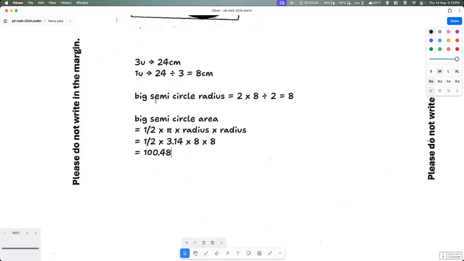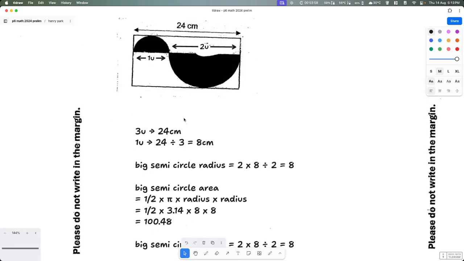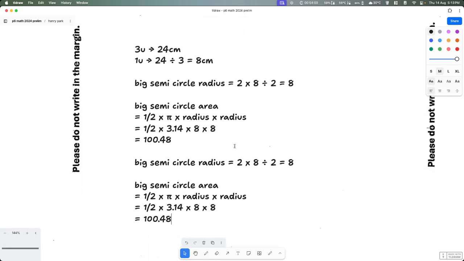This is 100.48. Now we want to get the small semicircle radius, which is 1 unit. So the small semicircle radius is 1 times 8 divided by 2. This will give us 4 centimeters. This is centimeter squared.